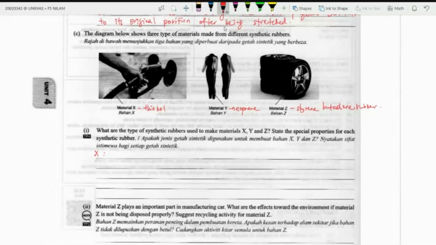Tiffany, are you able to find the answer for X? Very resistant to oil and solvent. Okay, very good, correct. Very resistant to oil and solvent. How about Y? Michelle? Neoprene, what is the special property?